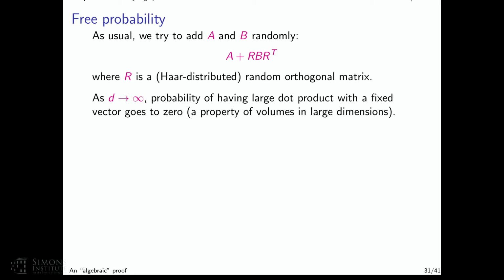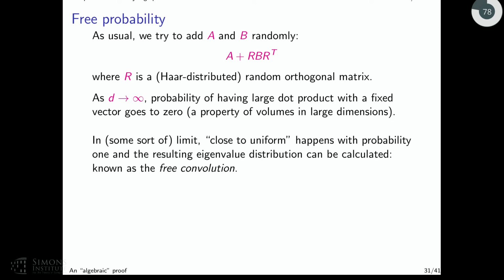You're almost guaranteed to be far away from any fixed vector. This is a property of volumes in large dimensions. And if you look at this in some sort of limit, this idea of close to uniform happens with probability 1, and the resulting eigenvalue distribution can be calculated. And this has been done, and it's known as the free convolution.